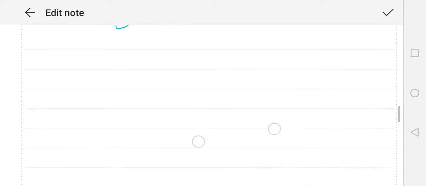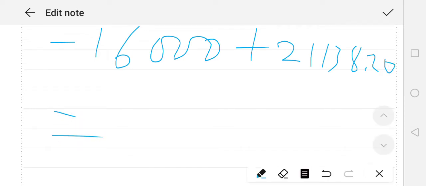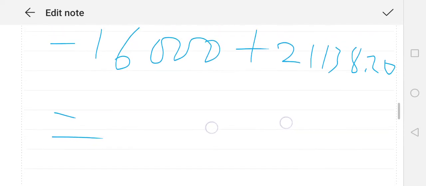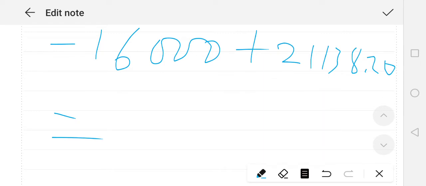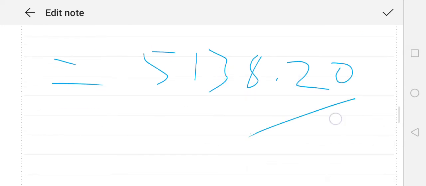So we have negative 16,000 plus 21138.20, and we are going to get 5138.20. So basically this is the net present value.